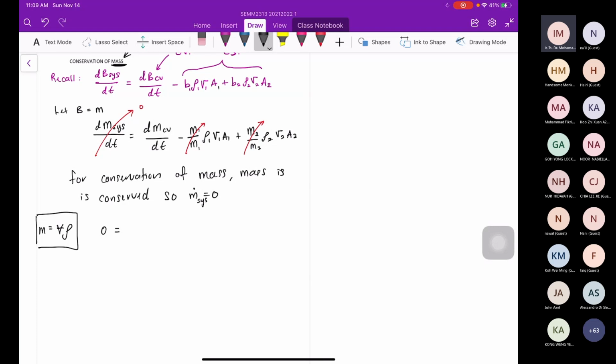So 0 equals d of rho times the control volume over dt. The only change is the density, the volume is fixed when we are dealing with the control volume. Minus, rho 1 V1 A1 plus rho 2 V2 A2.